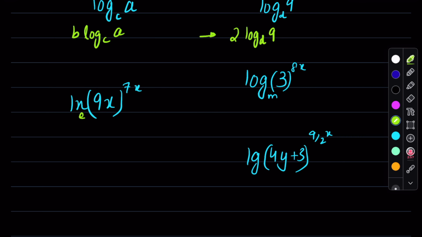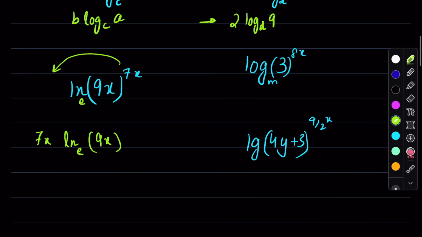So 7x can be shifted backwards because it is the power of the whole term, and our whole term in this case is 9x. It's not 9, it's not x, it's 9x. So our power 7x can be shifted backwards and become the coefficient of the entire ln function. So we can also write it as 7x ln argument of 9x. Just let me write e in the subscript, right? Okay.